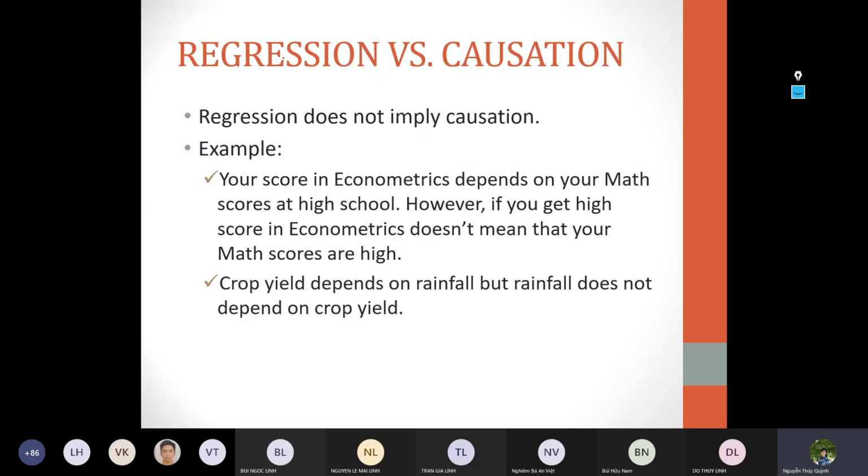So regression does not imply causation. Causation is a two-way relationship. When you see the value of X, you can predict exactly the value of Y, and when you see the value of Y, you can in turn predict exactly the value of X. But regression analysis does not have that.